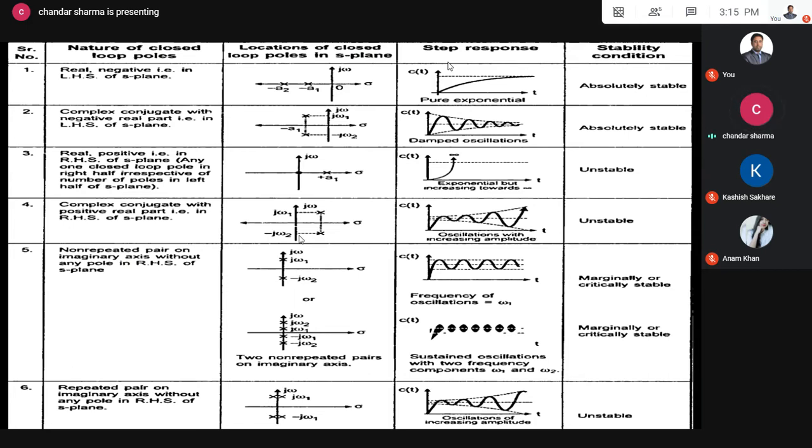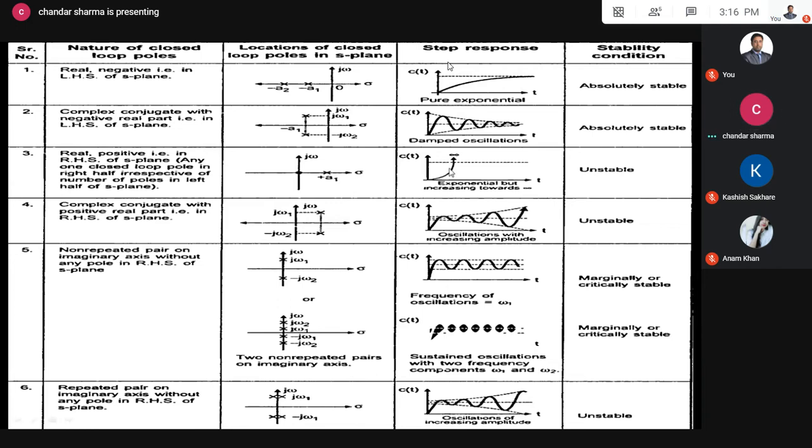We can find that when all the roots of the characteristic equation lie on the left half of the plane, the system is stable. Even if there is one root in the right half of the S-plane, the system is unstable.